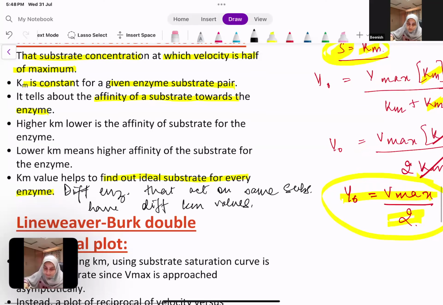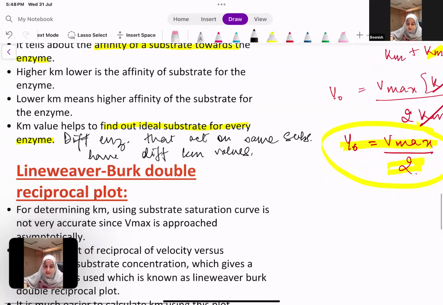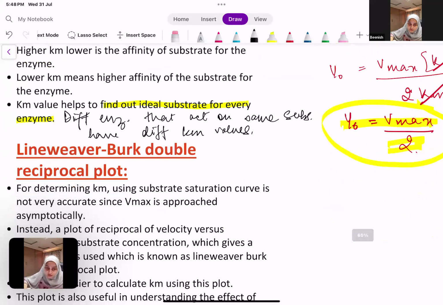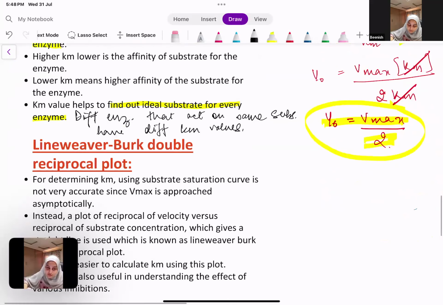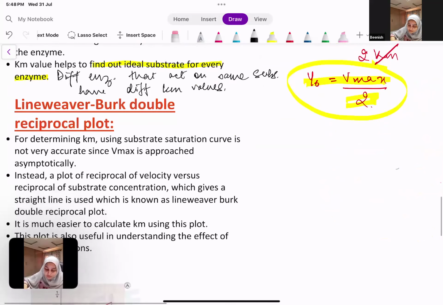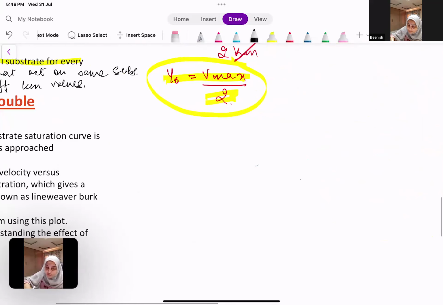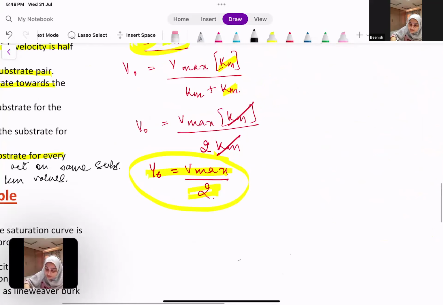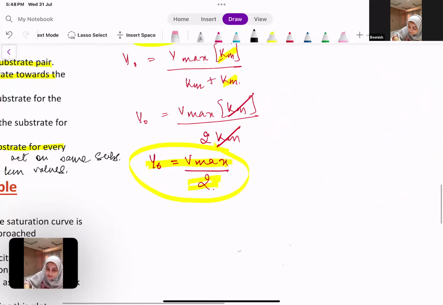Now let's talk about what is the Lineweaver-Burk double reciprocal plot. Here, this Michaelis-Menten equation that we've had gives a rectangular hyperbola.